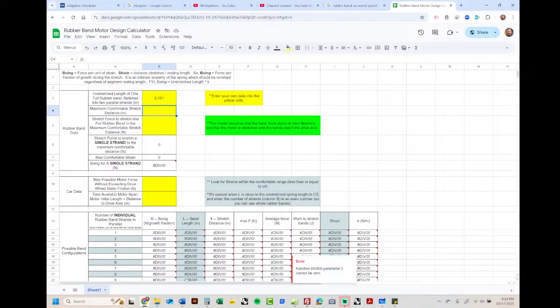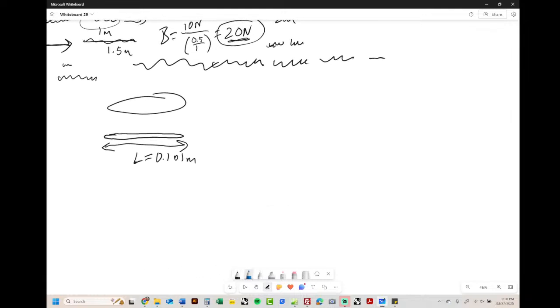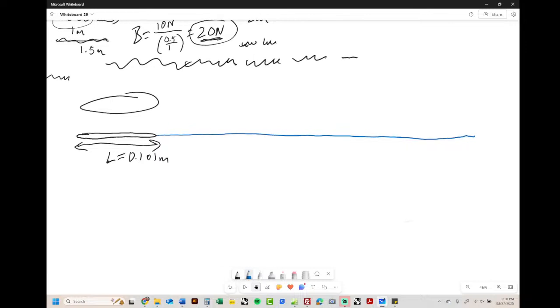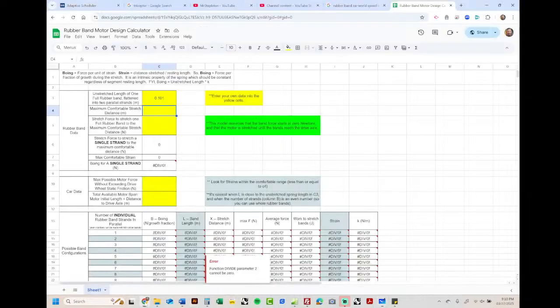Maximum comfortable stretch distance. So the next thing I did was I stretched this rubber band as far as I felt like it should go. I stopped before I thought it was foolhardy to continue. And that distance right there, which I'm going to call X, was 0.45 meters. So that goes here.